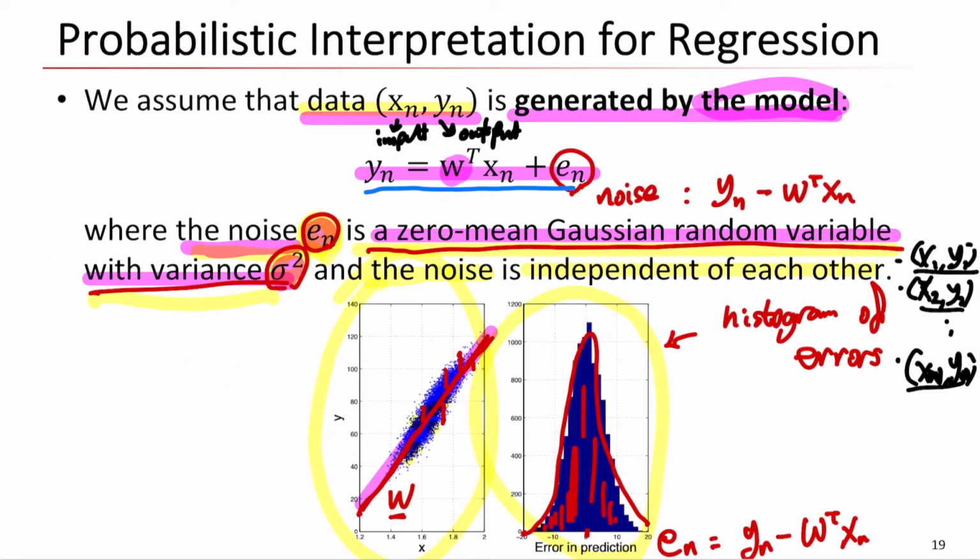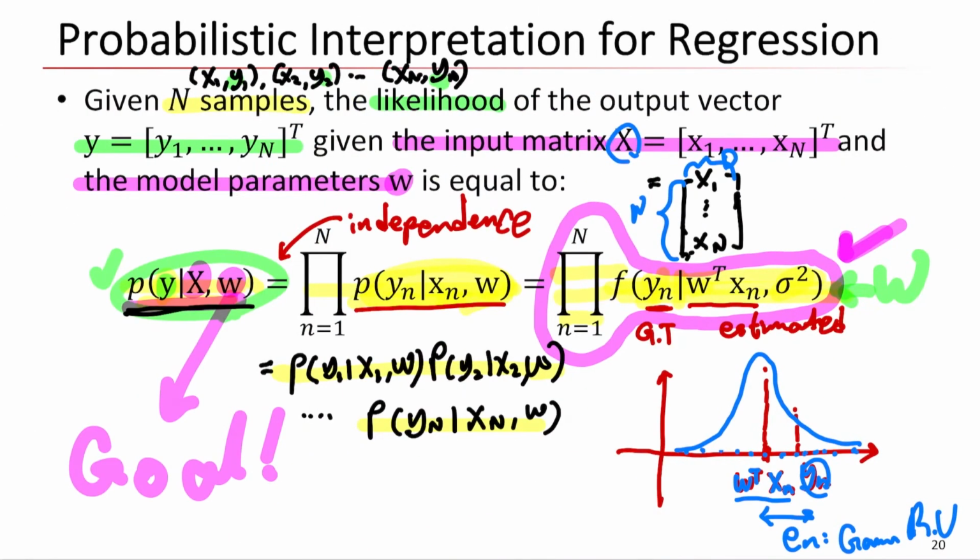Okay, so we have shown that the simple linear regression model can be interpreted by the log likelihood rules, right?